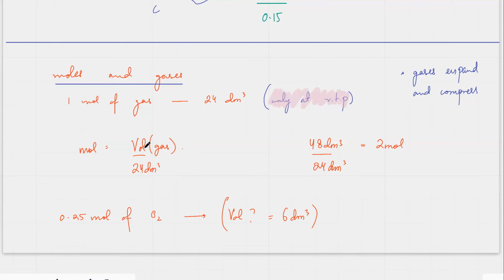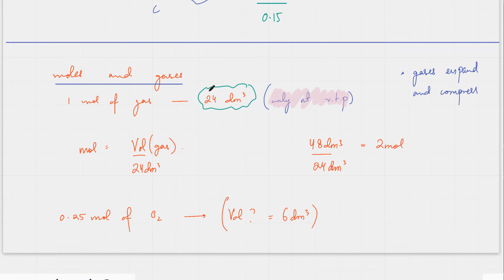This formula would only be applied if the gases are at RTP. This is known as the molar volume. The molar volume changes if the conditions change, because gases expand and compress. So he might give you a different molar volume. For example, at STP, 0 degrees centigrade, I think the volume is 22.4 dm cube instead of 24 dm cube.